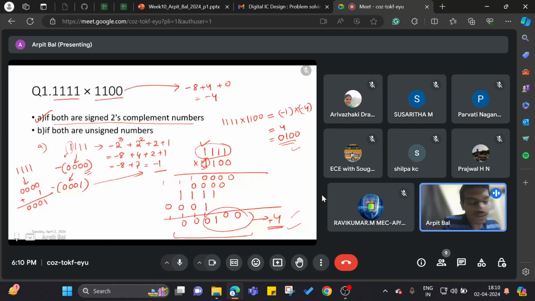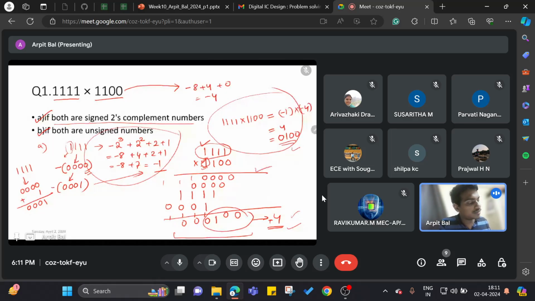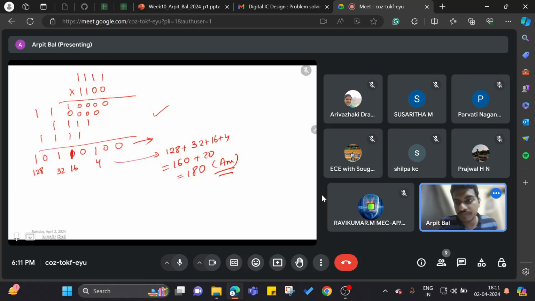So to solve question 1 part A, you can straightforward use this method, because it is relatively simpler. But if you want to know how the complete multiplication works for both the cases, to make an apple to apple comparison, you can use this method and check your understanding, that whether you have understood the multiplication part correct when it comes to signed numbers or not.